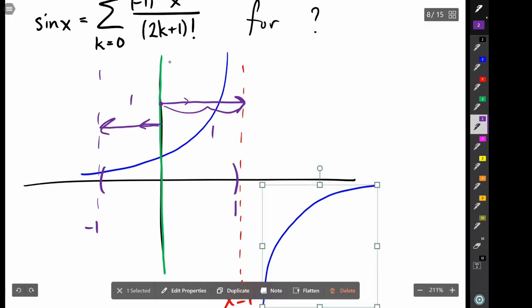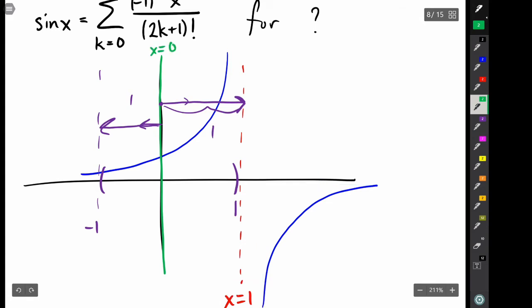It's saying that here's the center of your series, here we have x equals 0. And the reason it's called a radius is we're only allowed to move the same amount in both directions. So we find the furthest we can move out to the right, the furthest we can move out to the left, take the smaller of those two numbers, and that's how far we're allowed to move overall from x equals 0.